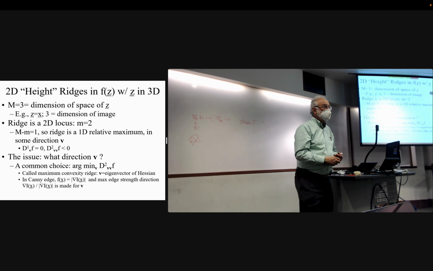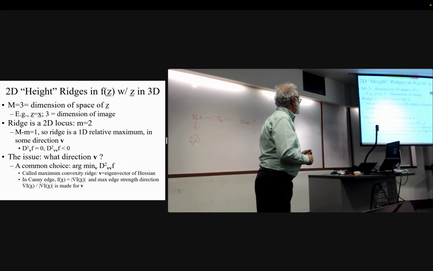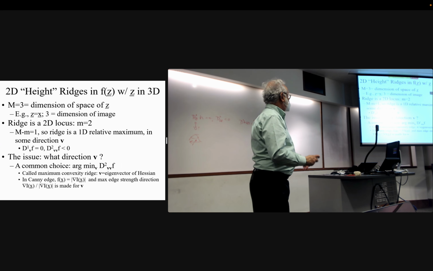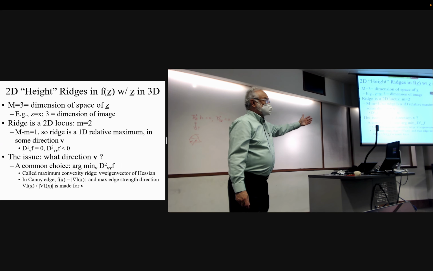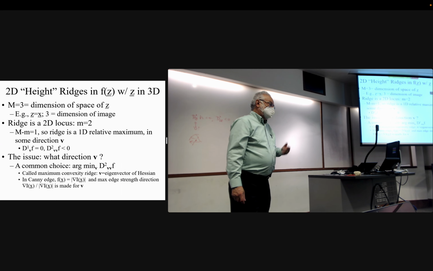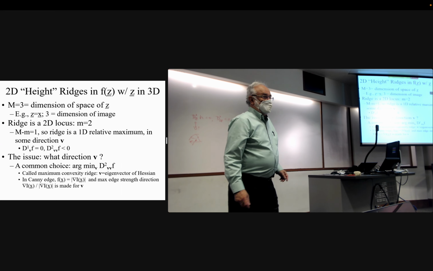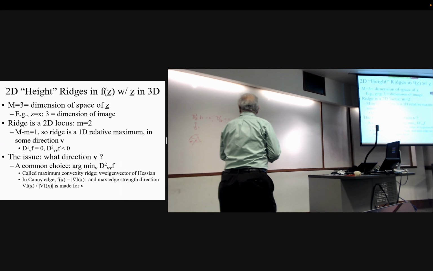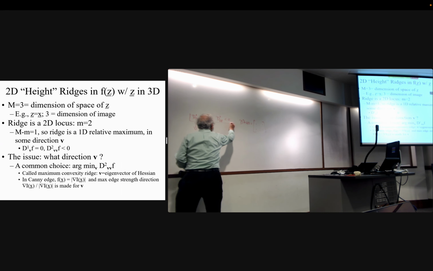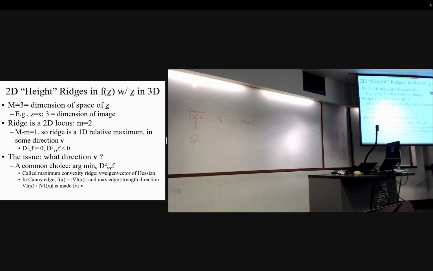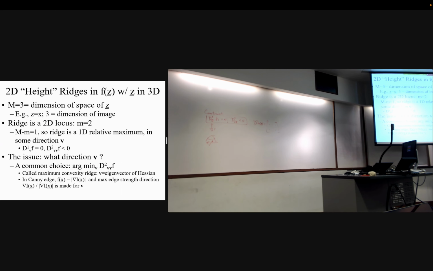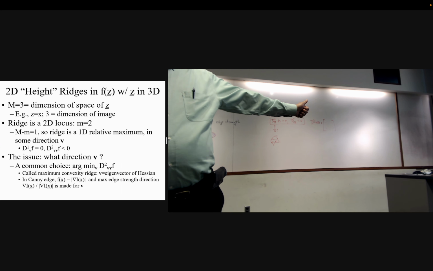Well, now we're going to still find a direction, one direction, because this constraint lowers the dimension by 1. So you're in 3 dimensions. When you have a constraint, it lowers it from 3 to 2.